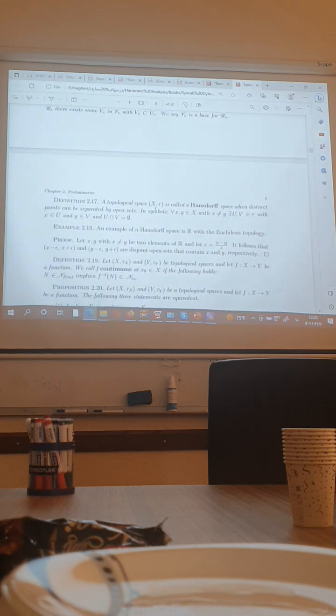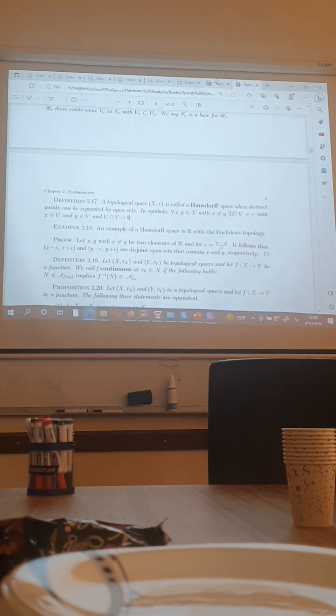A topological space is called Hausdorff when any two distinct points can be separated by open sets. In symbols, if x and y belong to X and x is not equal to y, there exist two open sets U and V such that x belongs to U, y belongs to V, and U and V are disjoint sets.